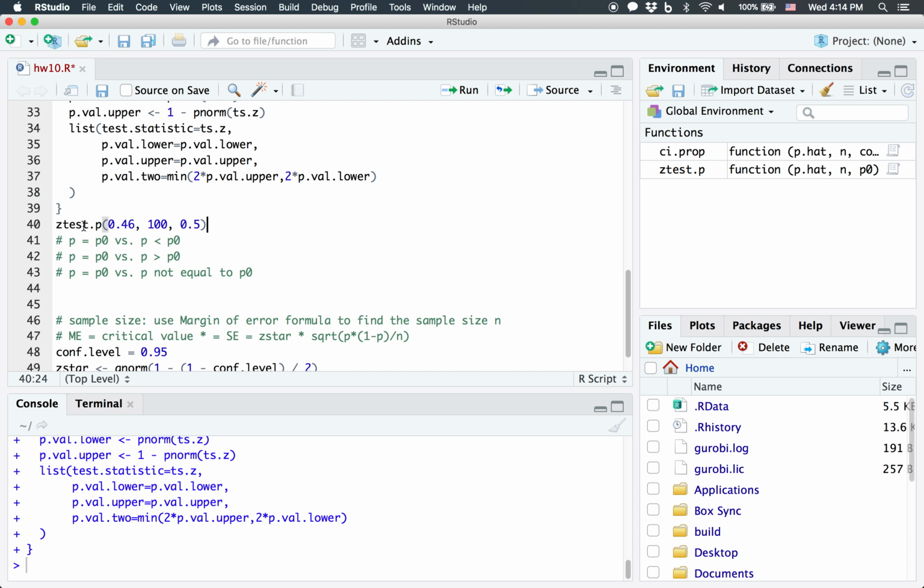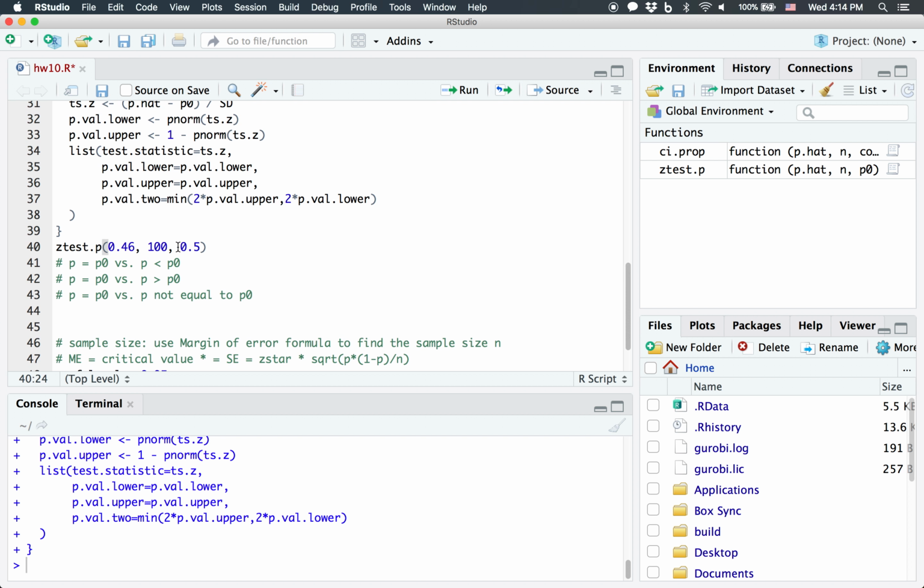So I'm running a z-test.p(0.46, 100, 0.5), which means the hypothesized null population proportion is 0.5, and by sampling 100 samples, I got the sample proportion as 0.46.